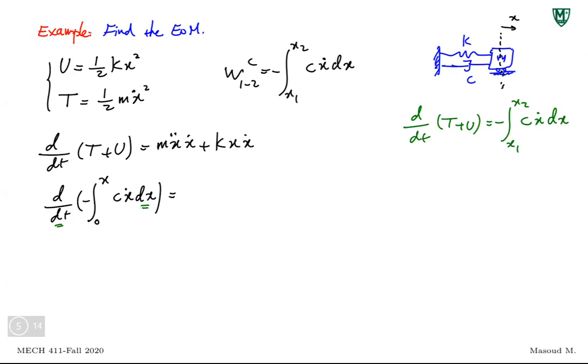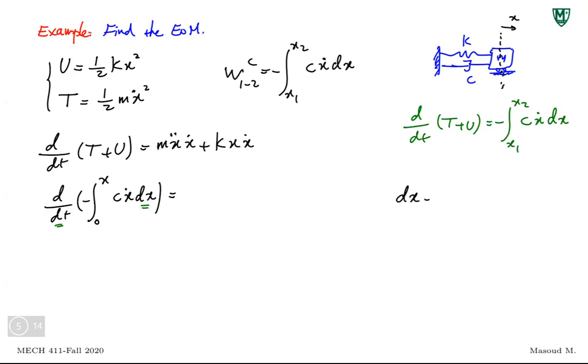I'm seeing the derivative with respect to time and then the integral over x. So what if I convert that integral to an integral over time instead of over x? Then the derivative with respect to time of an integral over time becomes whatever is under that integral. So let's find a way to convert that dx into dt inside that integral. How do I do it?